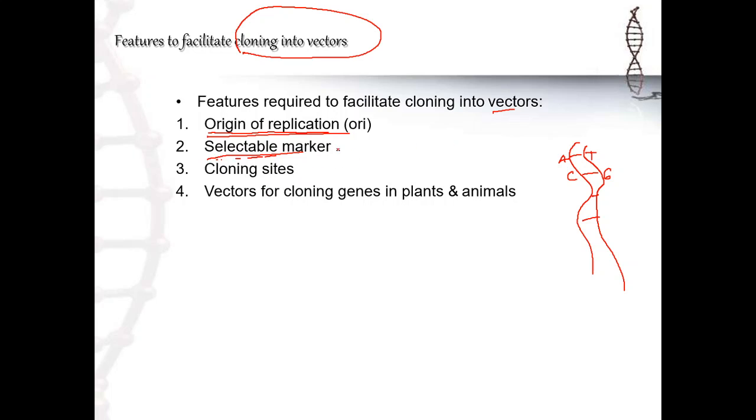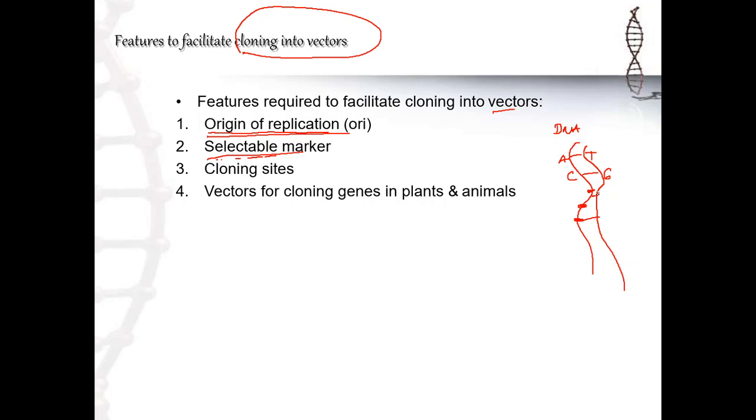All right. So there must be a selectable marker. For example, in this particular DNA strand, in a certain portion of it, there are some genes carrying different traits, expressing different phenotypic characteristics.